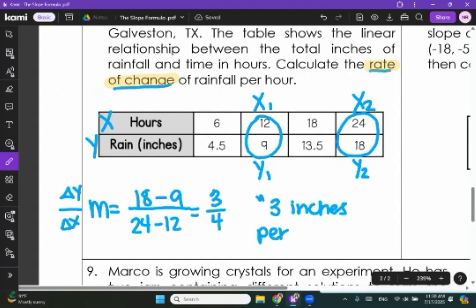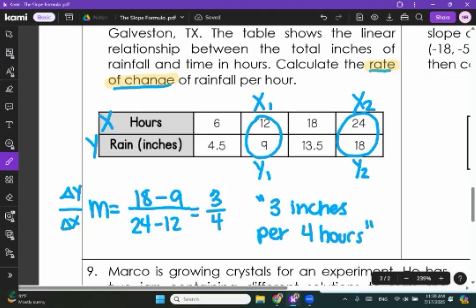Put the word per in there, 3 inches per 4 hours. You could also say 3 inches every 4 hours, 3 inches each 4 hours. Either way.